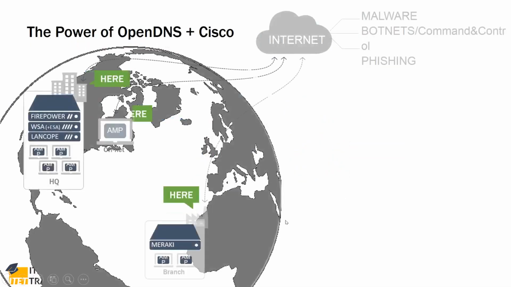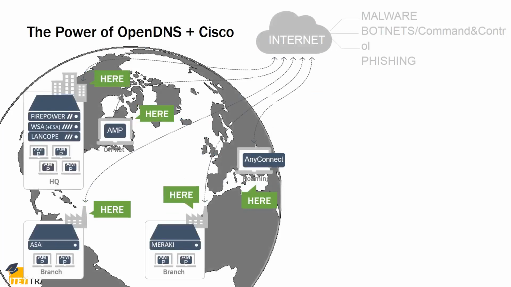Okay, so now coming to how OpenDNS and Cisco, we call it the Cisco Umbrella. Again, we need to understand the DNS is used on every network and endpoint that exists in an organization, correct? Even IoT devices. Each and every IoT device relies on DNS.